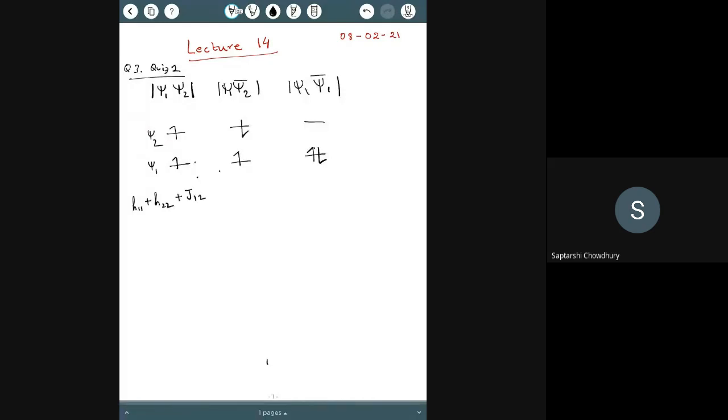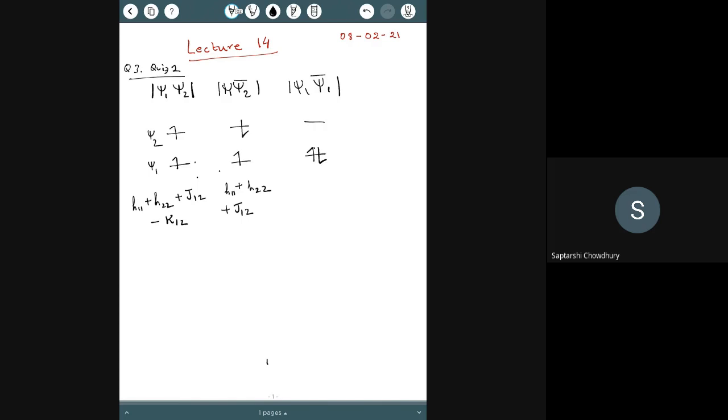And since they are of the same spin, you can exchange them, so you have minus K12. Simple enough. In the second case, again, the one electron terms are the same, so H11 plus H22. The Coulomb is also the same, J12. But since they are of opposite spin, you don't have an exchange.